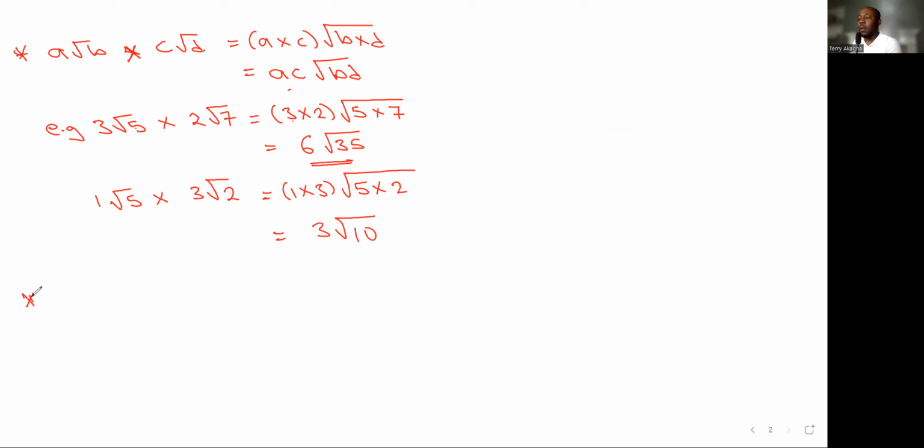The other one I talked about: A multiplied by B plus C root D. So that means we're having an integer multiplying a compound surd. Is that okay? And I told you that it follows the laws of indices. This is going to multiply this. So from when I explained A times B plus C, I told you that A times B will give you AB, and A times plus C will give you what?